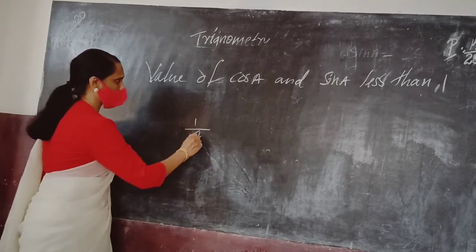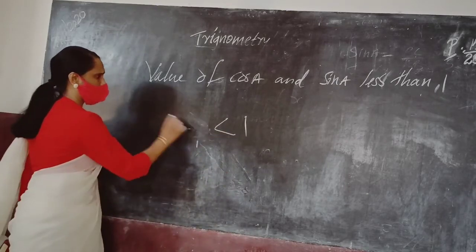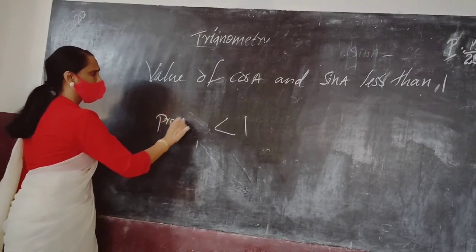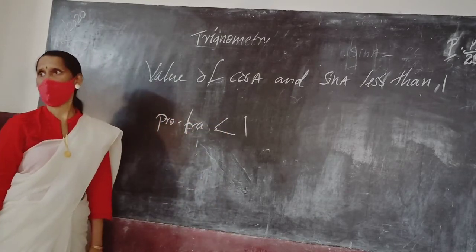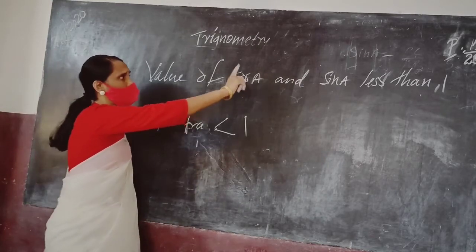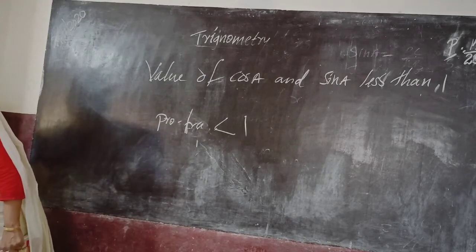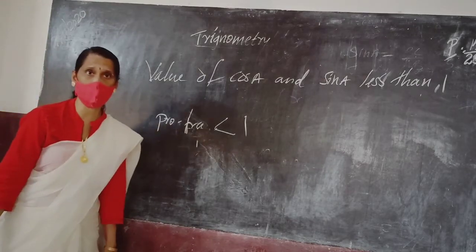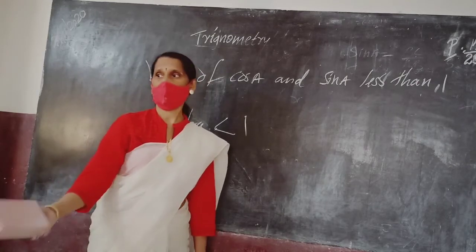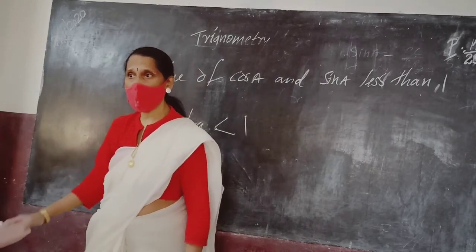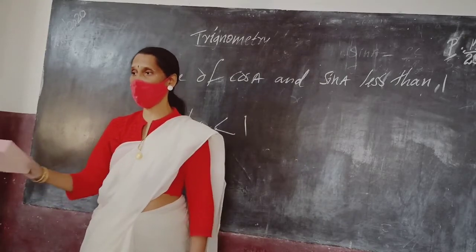A proper fraction is always less than 1. So cos theta and sin theta will always be proper fractions. Why? Because sin theta is opposite side by hypotenuse and cos theta is adjacent side by hypotenuse.